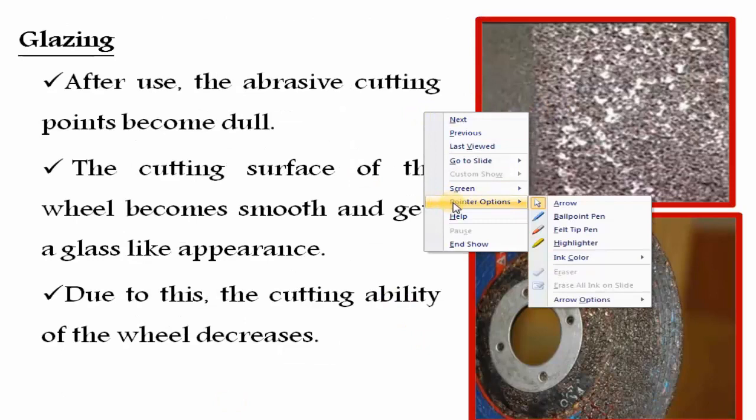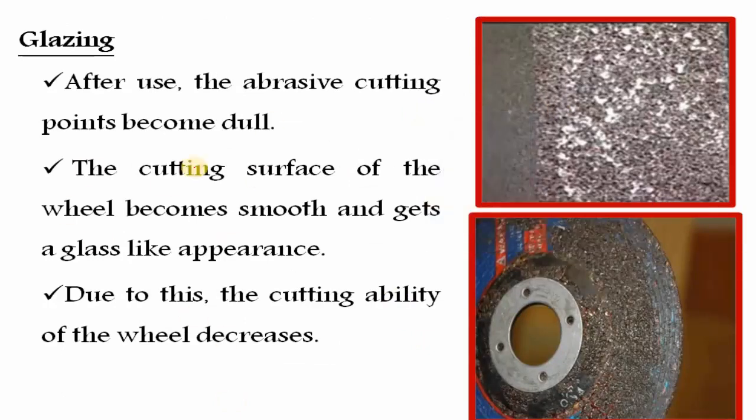Next we discuss glazing. After use, the abrasive cutting points become dull and look like glass. If the grinding wheel is used continuously in the same place, this glass appearance is produced. When this glass appearance is produced, we do not get accuracy in operations. Sometimes the cutting wheel slips, and this affects the work.